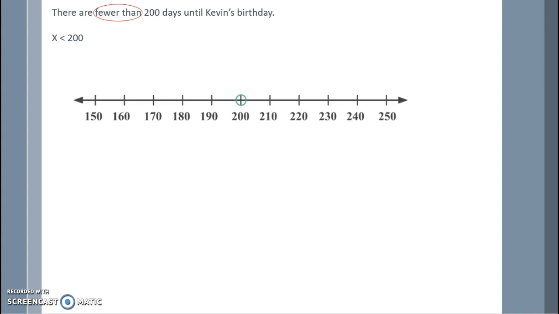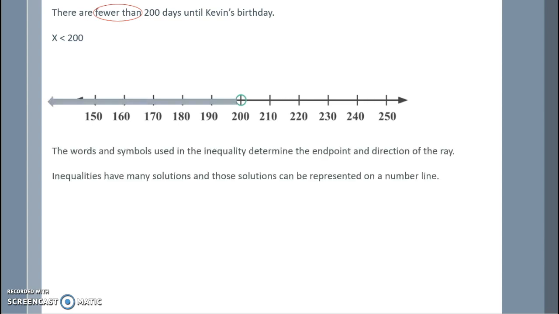We need numbers that are smaller than 200, which means our arrow needs to point to the left-hand side. The words and symbols used in the inequality determine the endpoint and the direction of the ray. Inequalities have many solutions, and those solutions can be represented on a number line.